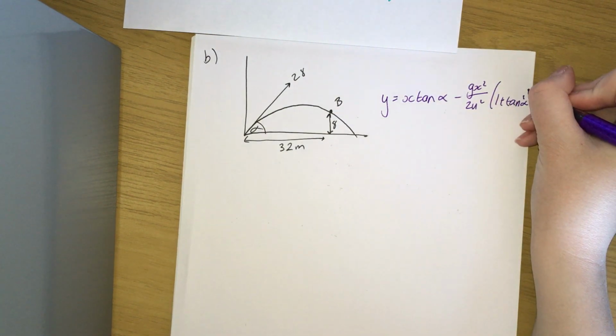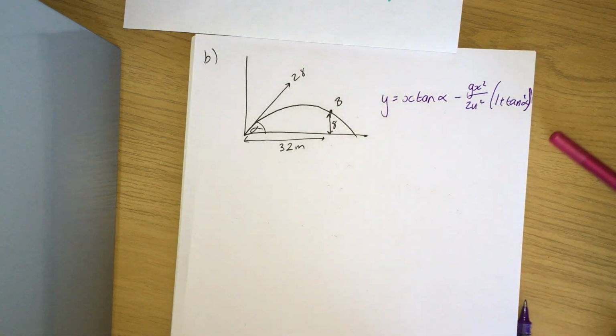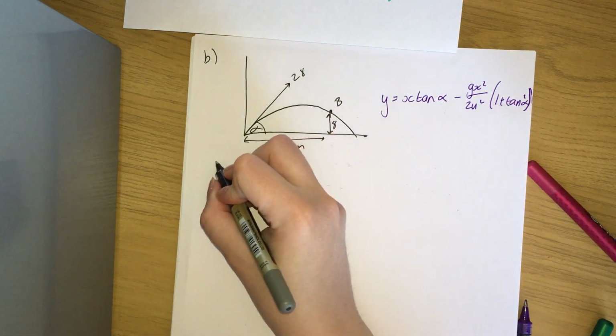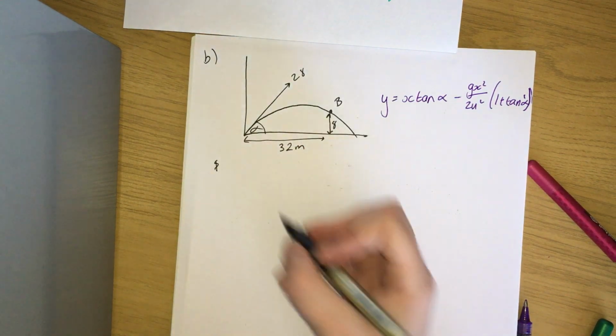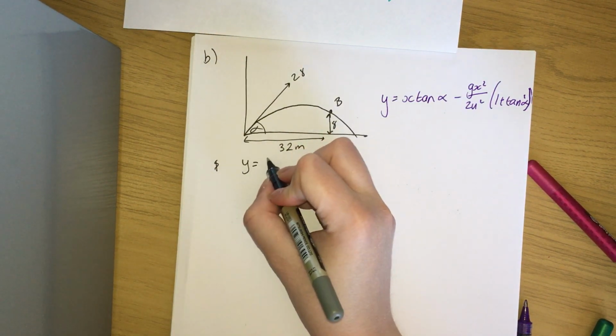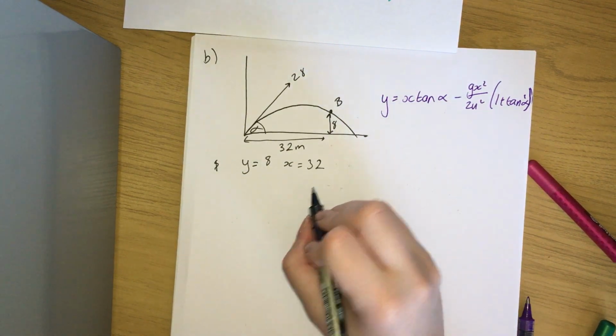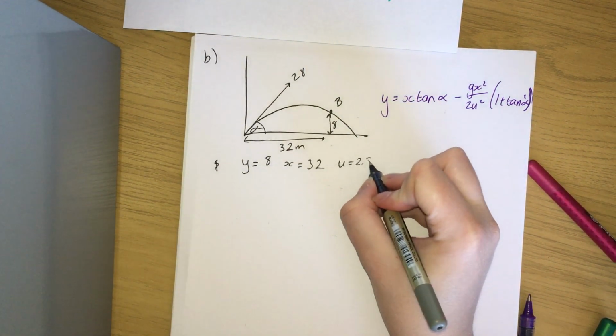Now it's obviously set up so that even if you couldn't do the show that part, you can still answer this question. So y is equal to 8, x is equal to 32, and u is equal to 28.